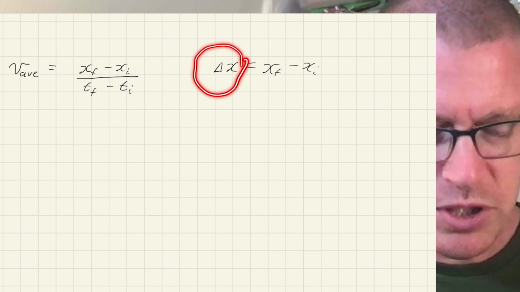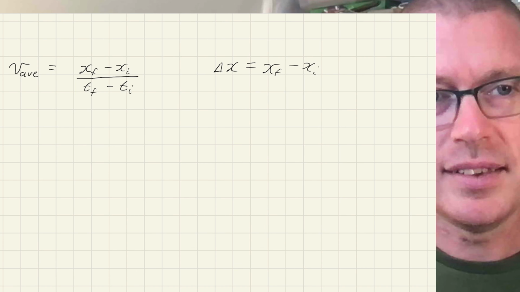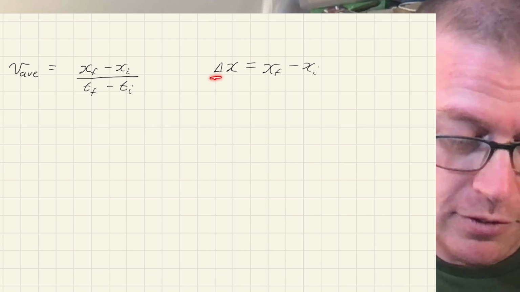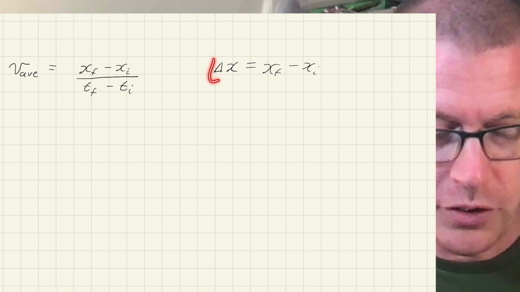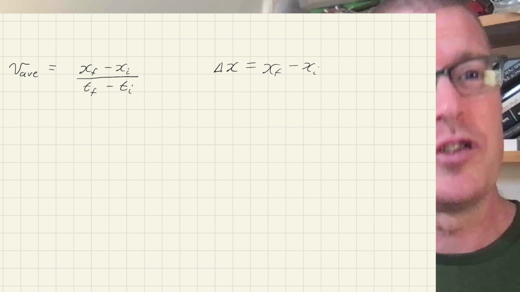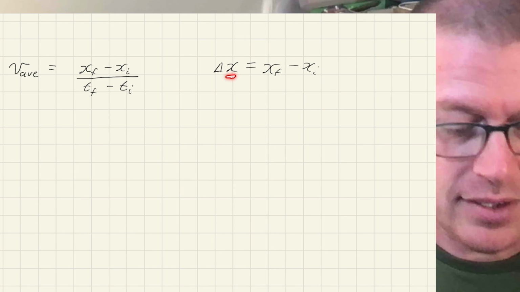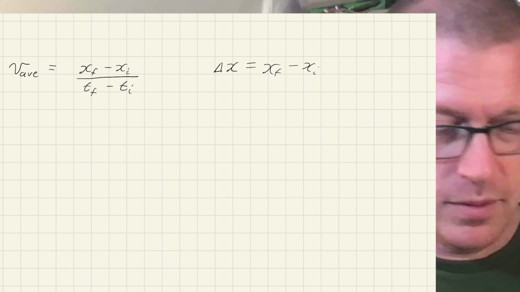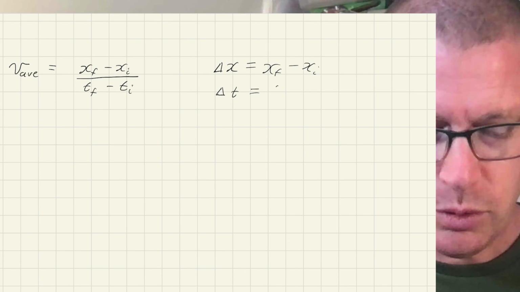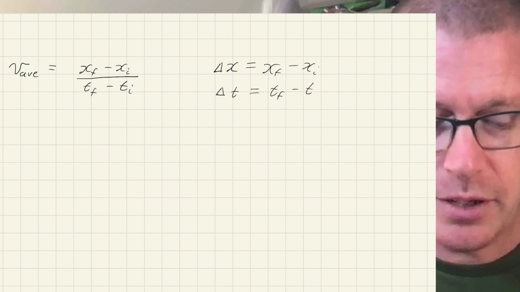So this object here, delta x, is a single thing, but it's made of two symbols. The first one is the Greek letter delta, which is often used in science for change. And then x is, of course, position. Similarly, we write delta t is equal to tf minus ti.